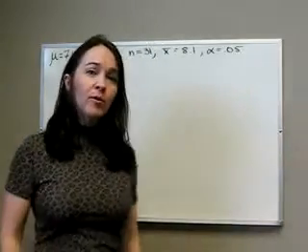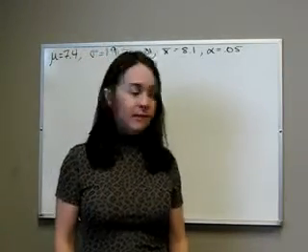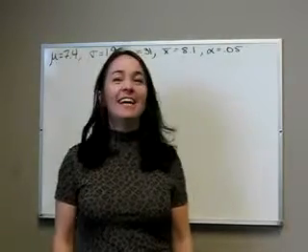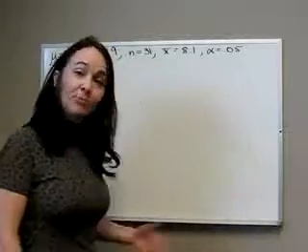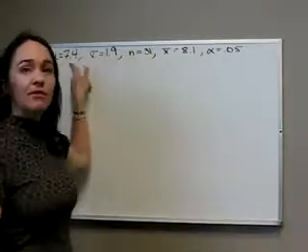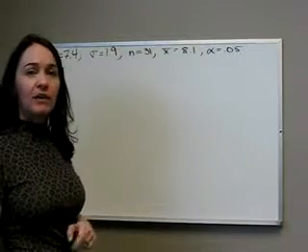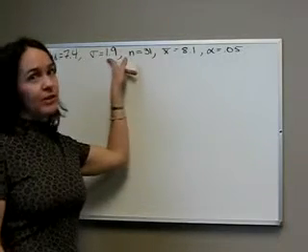Alright, so our scenario is that the pH balance of arterial plasma in adults with arthritis has an average of 7.4, so that's mu, with a population standard deviation of 1.9, so that's sigma.